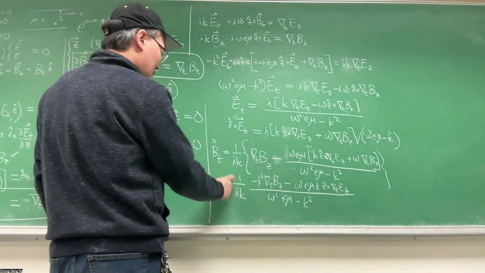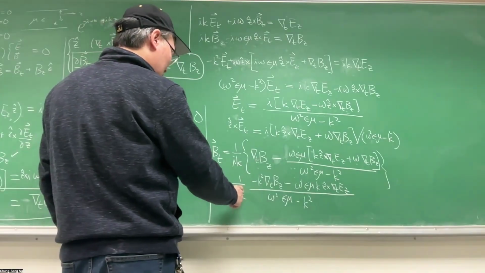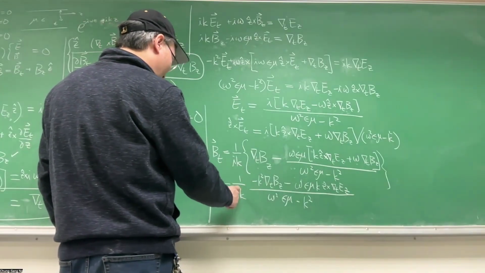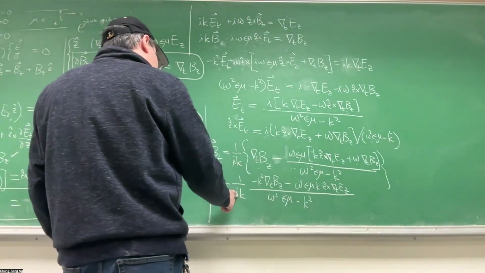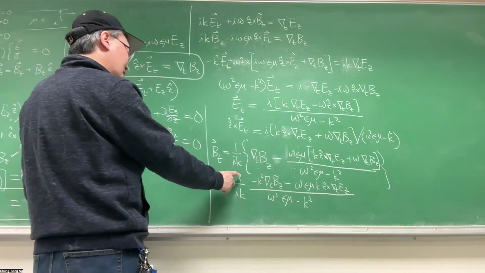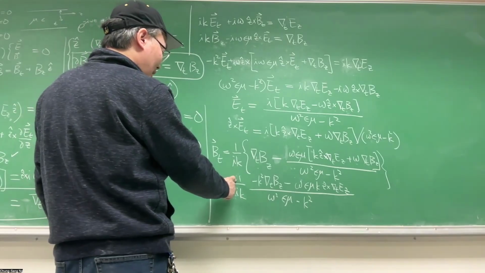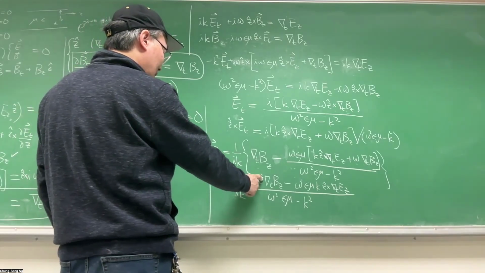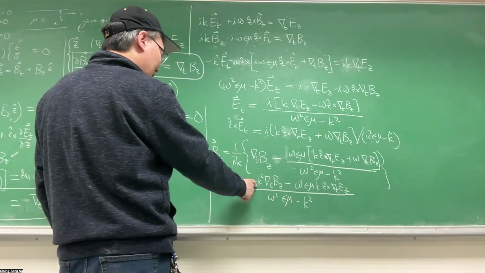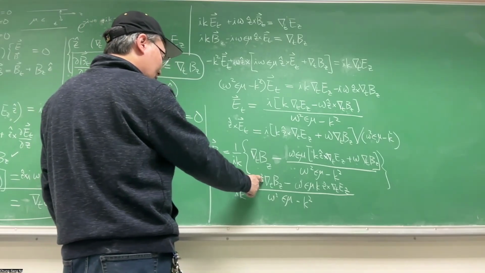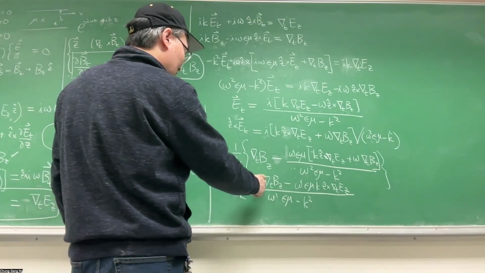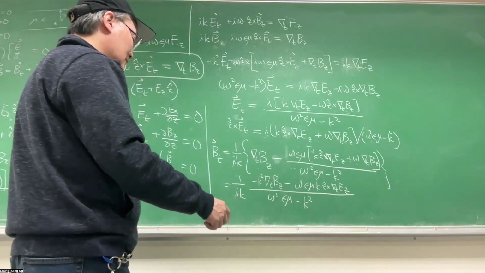And the final simplification is this minus ik in the denominator. I change i to the numerator, becomes minus i over k. Minus i over k, minus cancels 1 k. So this becomes a positive i times just 1 k, which can cancel the k squared. Right?